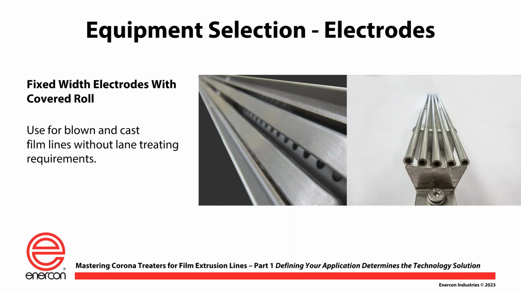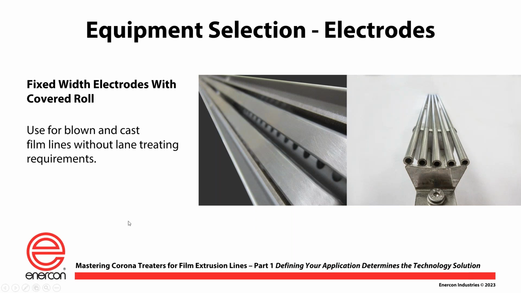Mainly the difference between those shapes and designs, when you strip all the advertising away, really comes down to power dissipation. Depending on how much power we have to deliver to the web at the speed that you want to run, will drive the style of this fixed width electrode. At the end of the day, that's it. They'll all treat adequately. They'll give you good dyne numbers. They'll be fine. It's really from a mechanical and design standpoint that will drive the geometry and the style of metal bar for that application.